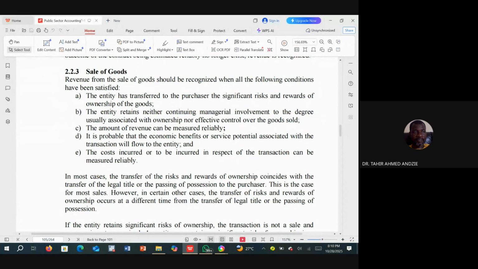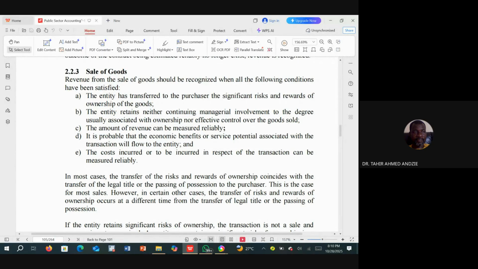Then the entity retains neither continuing managerial involvement to the degree usually associated with ownership, nor effective control over the goods or services. So if you have already sold the goods and the entity does not have the goods in its control, but take note, we know the same thing in the private sector.